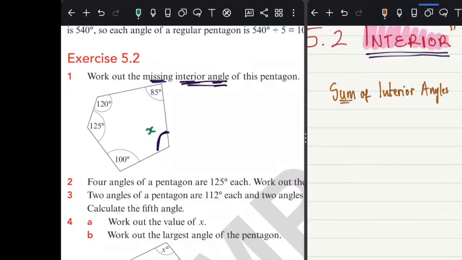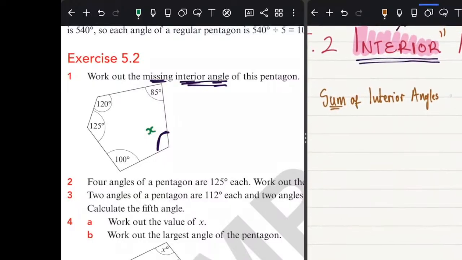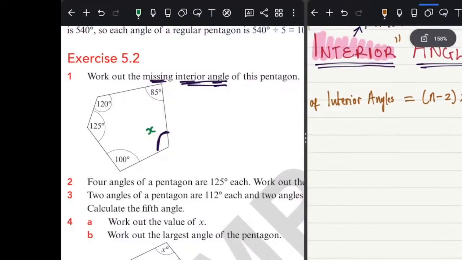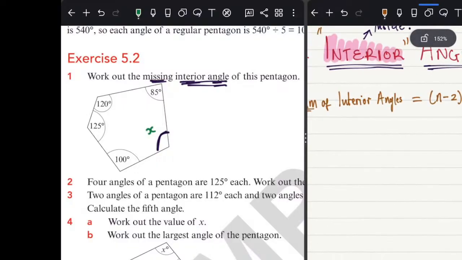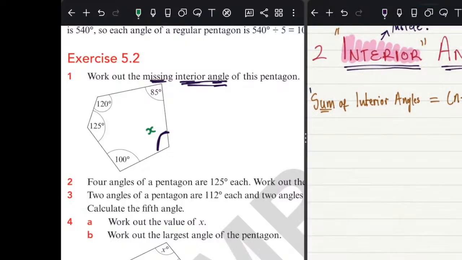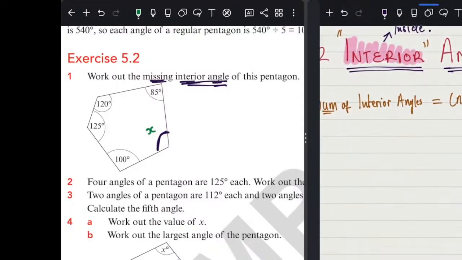So if you add all the interior angles, the answer you get must be the same as n minus 2 times 180 degrees.